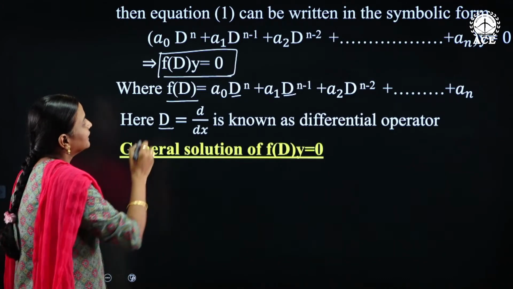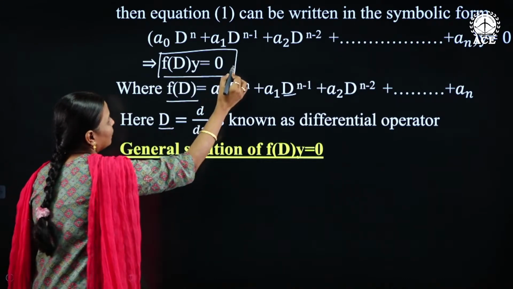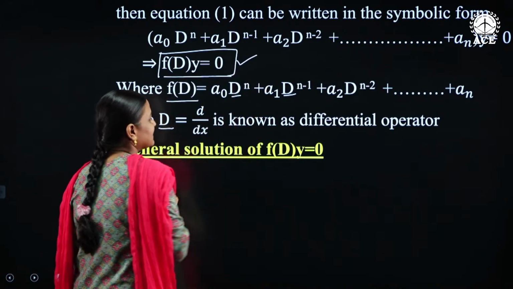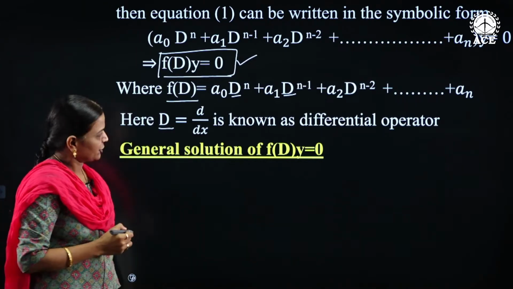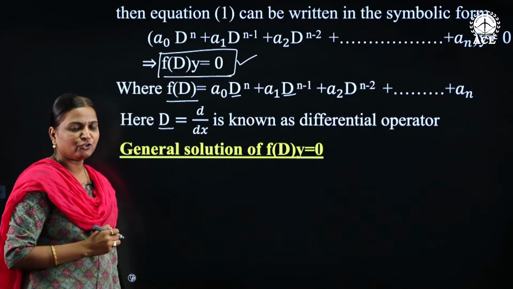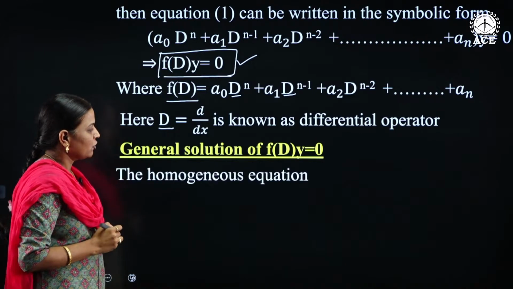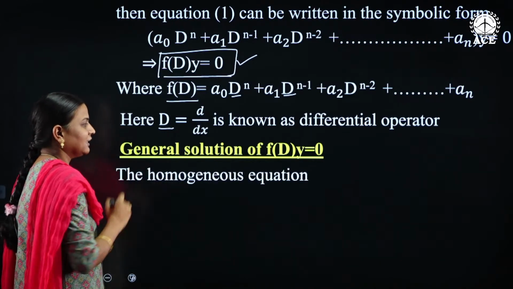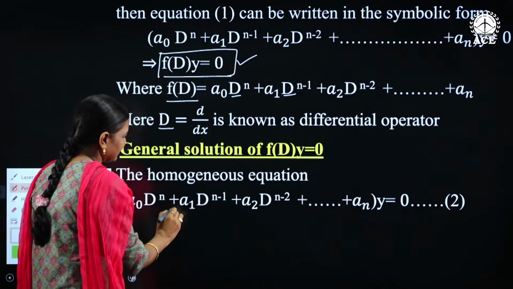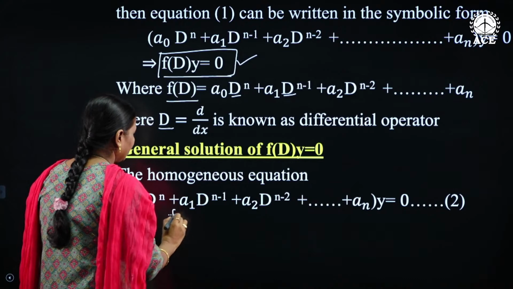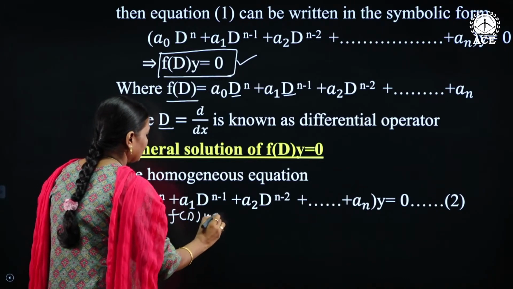Next, if f of D into y equal to 0 is a homogeneous linear differential equation, how do we find its general solution? This is the homogeneous equation, and simply we can write it as f of D into y is equal to 0.